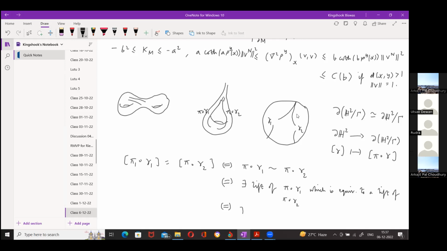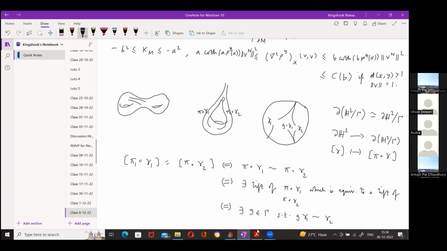So that means there exists G in gamma such that G gamma 1 is equivalent to gamma 2, right? So you get a picture like this. This is G gamma 1.